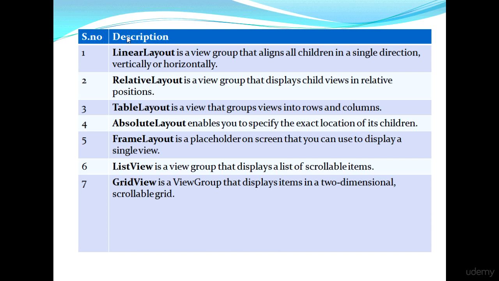Whenever you design a linear layout, all its elements, whether a text box, a button, a radio button, anything, will be aligned in the same direction, either horizontally or vertically. So if positioning matters for you and you have to take all the elements in a single direction, linear layout suits you the best.